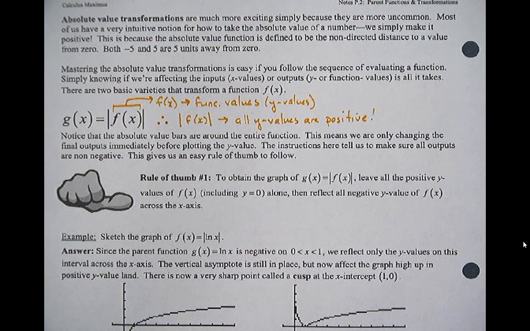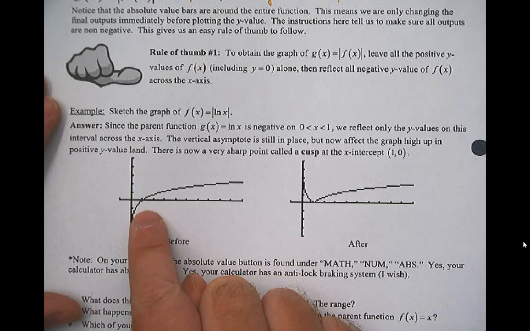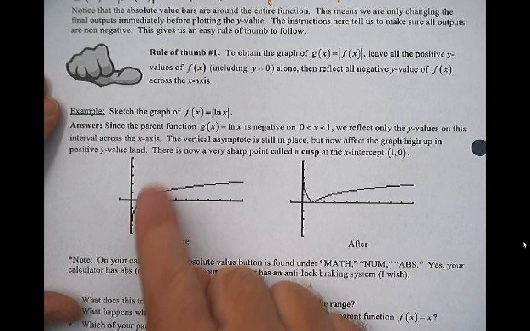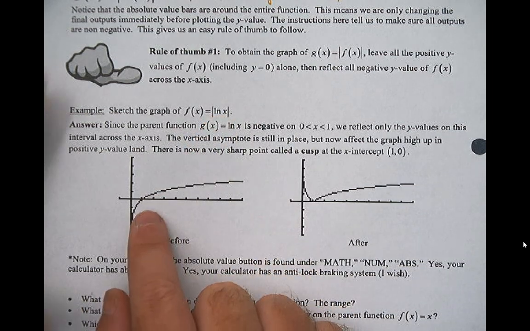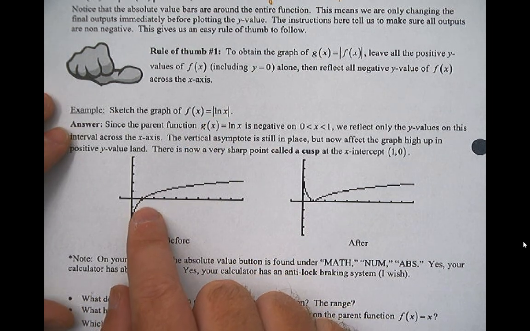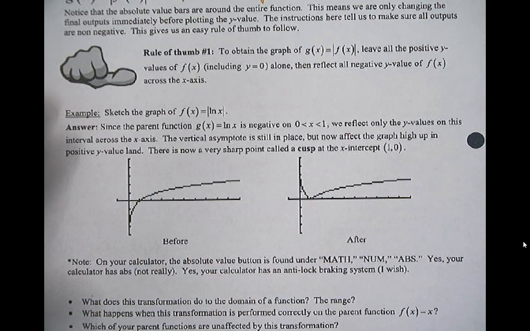But anyway, what's cool about it is it just takes your function. So here's our natural log function again. But this time we took the natural log function and made it absolute value. You literally just take all the y values and make them positive. So these y values are already positive, so those stayed the same.